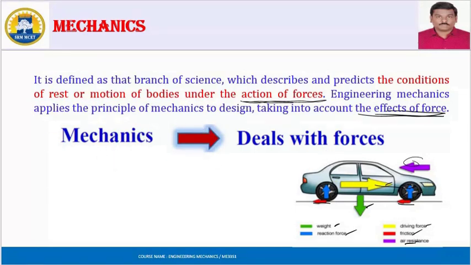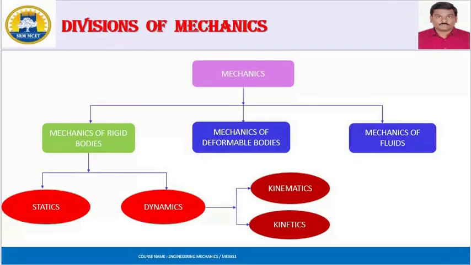Next we can see the divisions of mechanics. Mechanics is classified into three types: mechanics of rigid bodies, mechanics of deformable bodies, and mechanics of fluids.